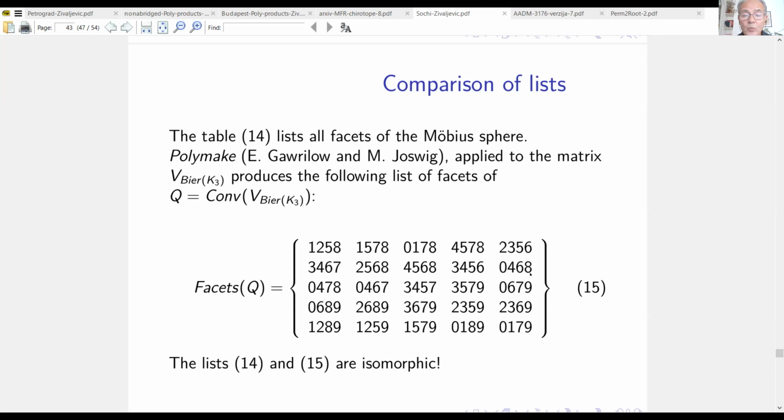So one would expect, and I'm pretty sure it will be the case, that Bier spheres will interact with toric topology in many interesting ways.